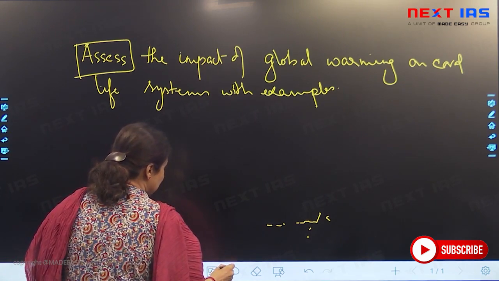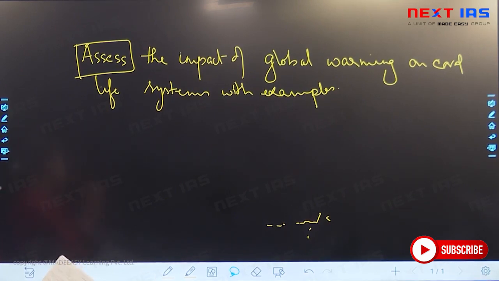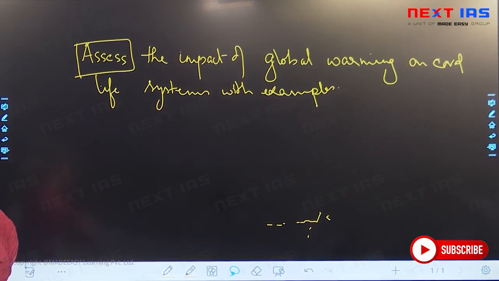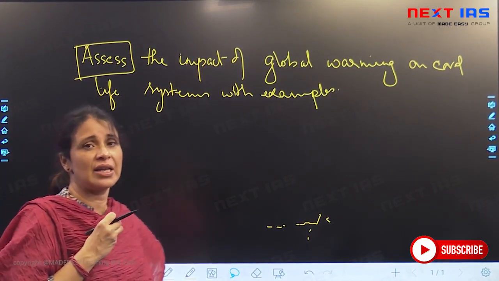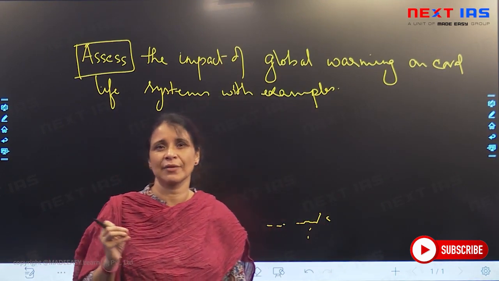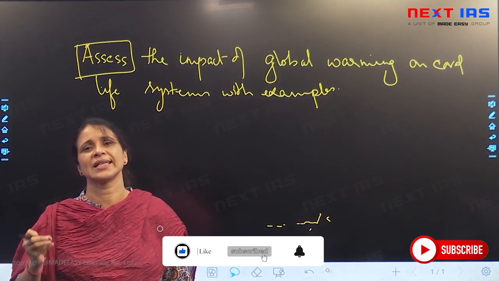And when you are assessing something, you have to give logics, you have to give arguments. If you are saying that global warming has caused this much loss, you should substantiate it with some of the data, some of the facts that you have with you. If someone asks what is your assessment of the cutoff, I would say this cutoff this time would not go beyond 100 for prelims, it would be somewhere around 98 to 100.